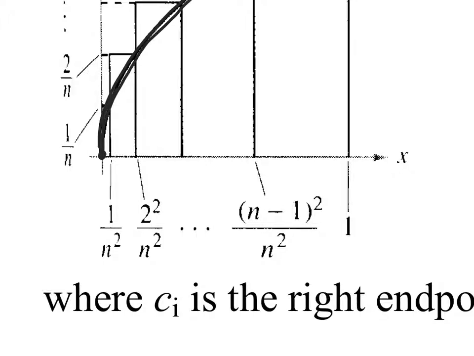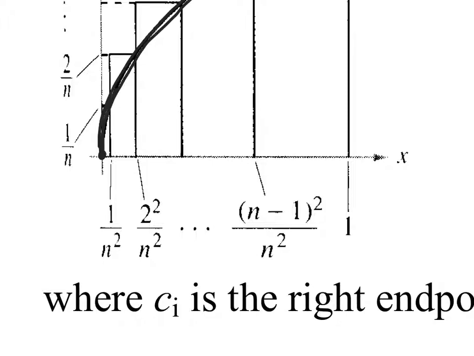But because we're dealing with a radical function, I made the points i squared over n squared. So when i is 1, we have 1 squared over n squared.